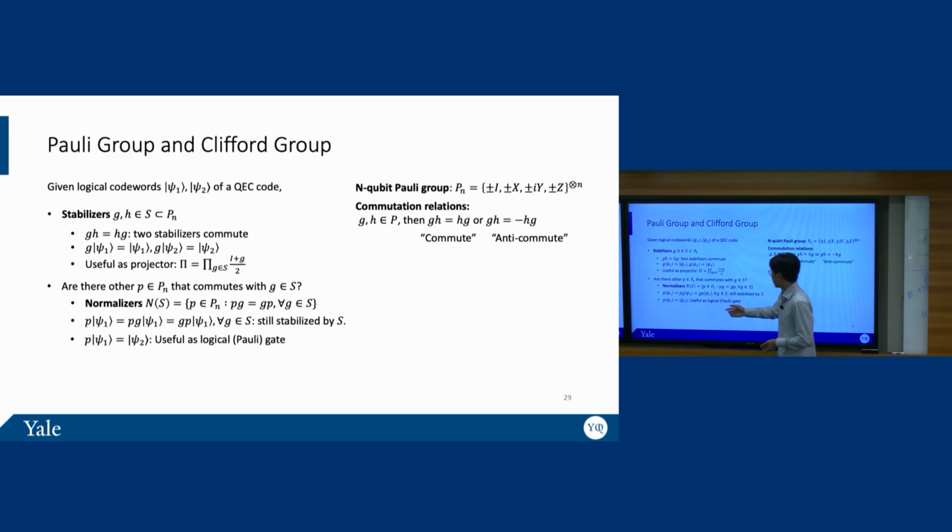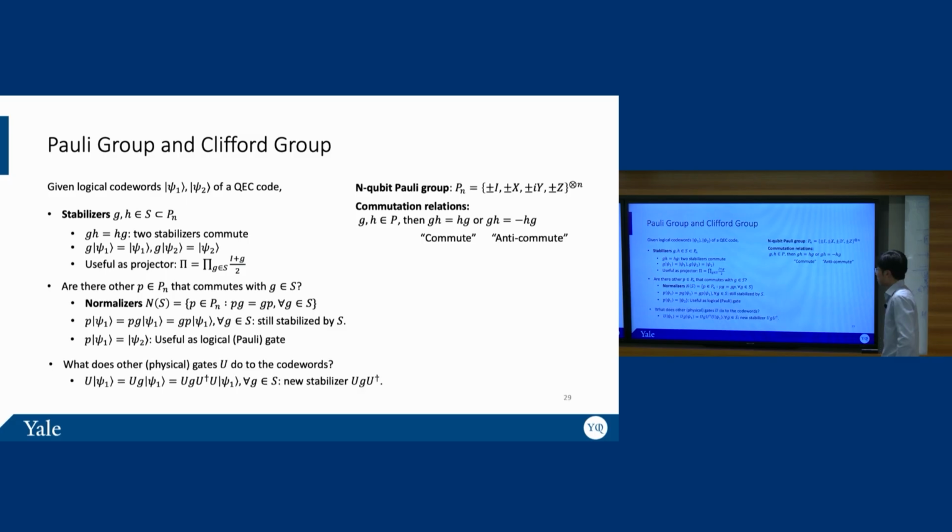To see how this is a logical operation, we can say that suppose my operation maps one code word to another. Then performing the stabilizers does not change the fact that they will do this mapping because they commute.